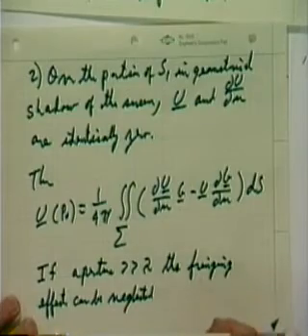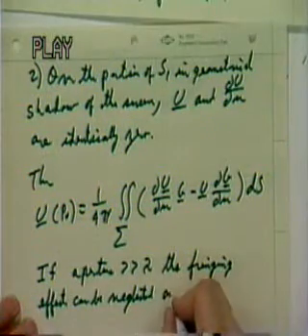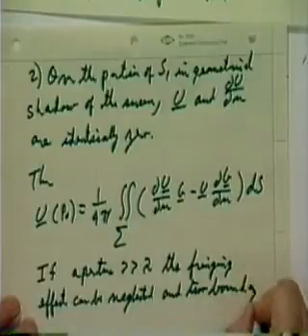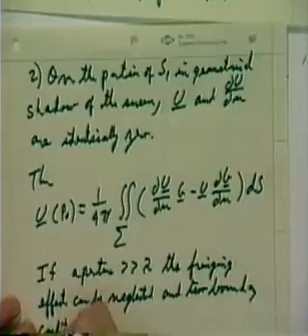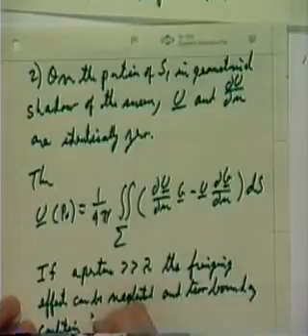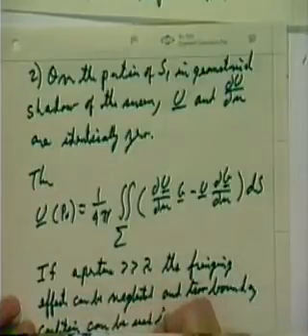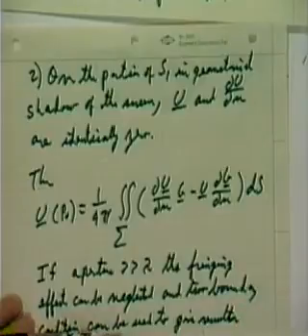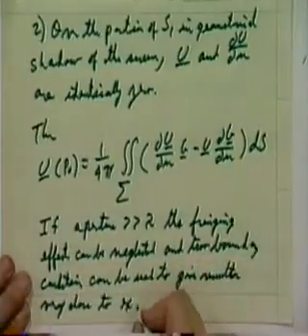And it turns out the two boundary conditions can be used to calculate or give results very, very close to experiment.